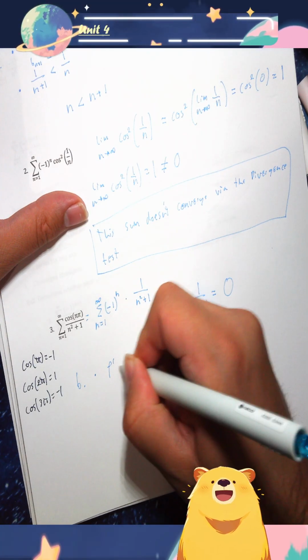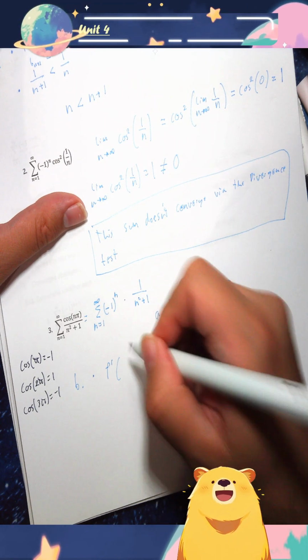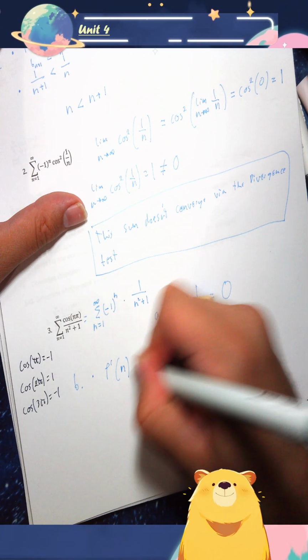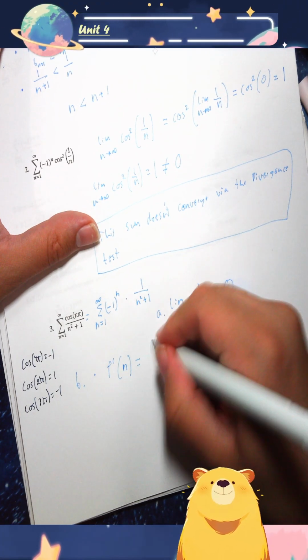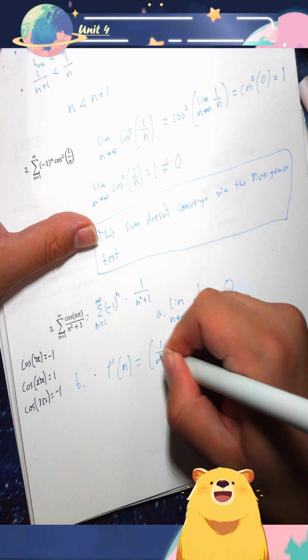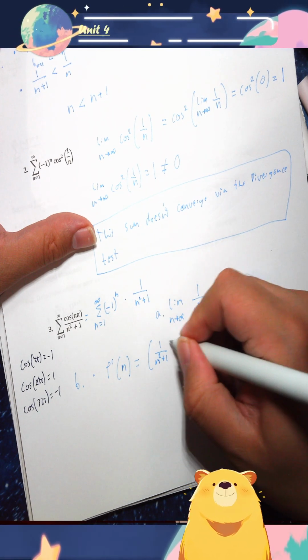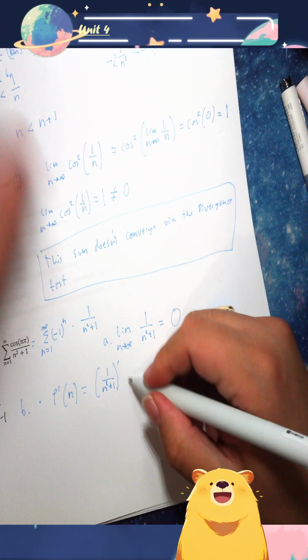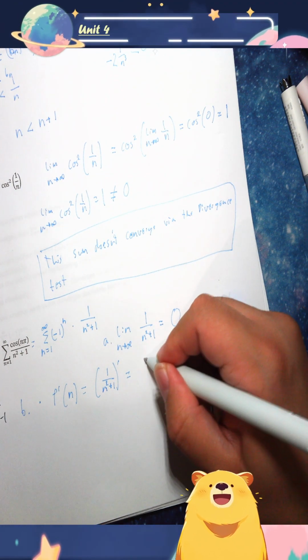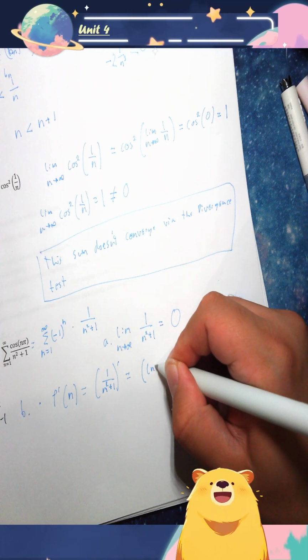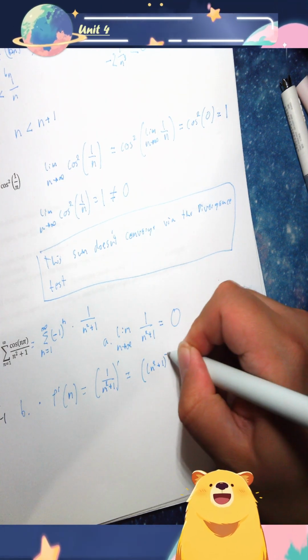You can do the derivative of that series, which is just 1 over n squared plus 1, which I'm going to rewrite as a chain rule setup.